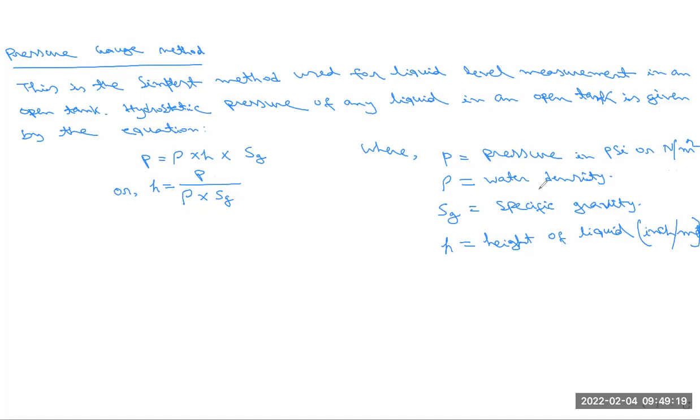Rho is basically the liquid density or water density. Sg is the specific gravity, and H is basically the height of the liquid inside the tank, measured in either meter or inch. Okay, so this is basically the process of the pressure gauge method for the hydrostatic process.